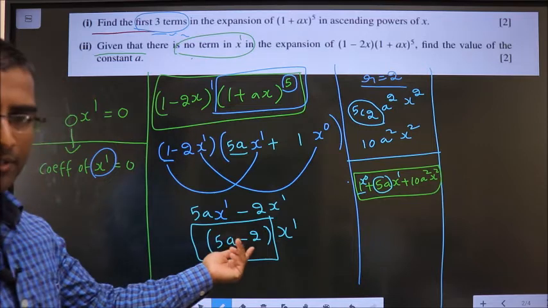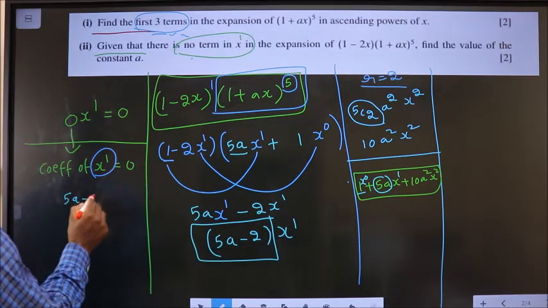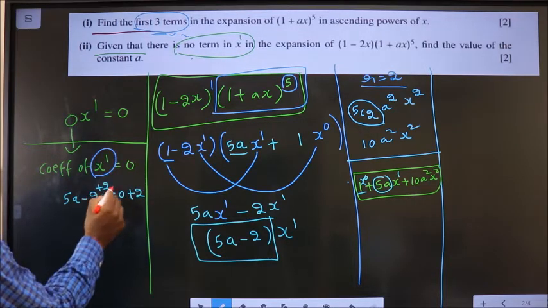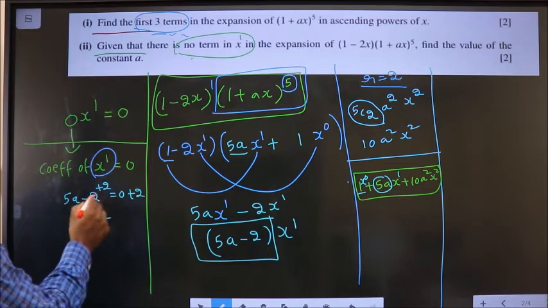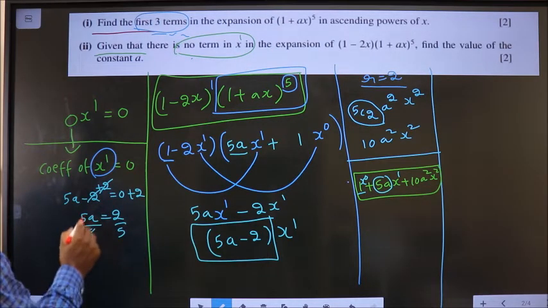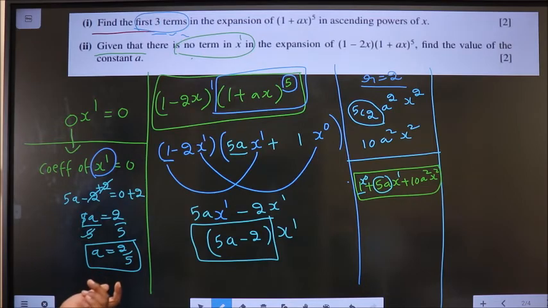So equate the coefficient of x power 1 to 0. So 5a minus 2 equal to 0. Add 2, so 5a equal to 2. Divide by 5. So a equal to 2/5 is the answer.